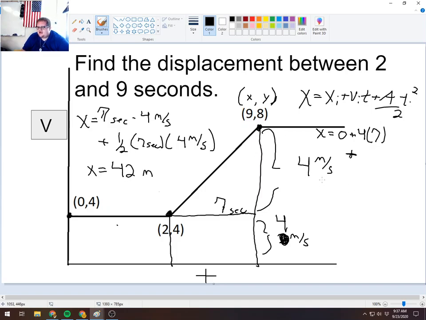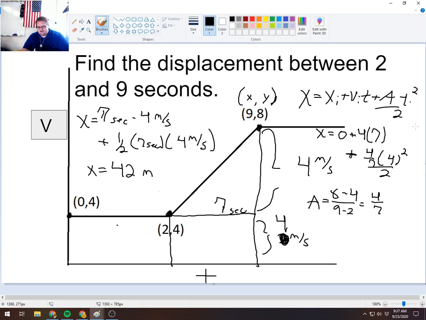The acceleration is 8 minus 4 divided by 9 minus 2. Rise over run. So 8 minus 4 is 4, divided by 9 minus 2 is 7. Okay, so the acceleration is 4 over 7 times the time squared, and then it's all divided by 2.